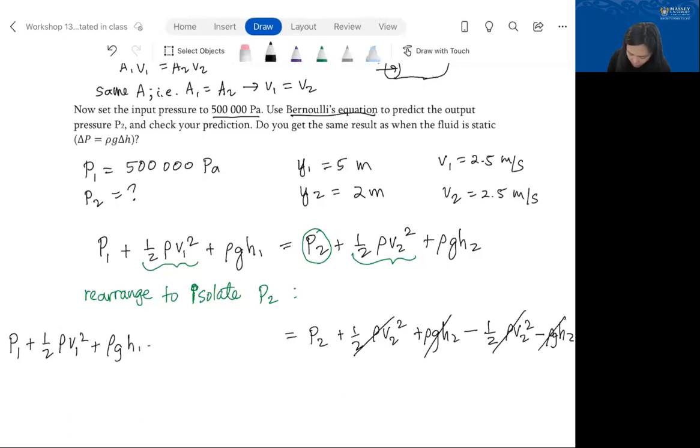So you have to subtract 1/2 rho V2 squared and minus rho g h2. Let me just change the h's to y's so we're consistent with what we're using, rho g.